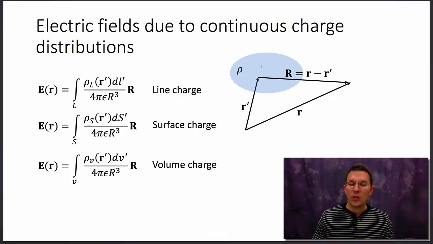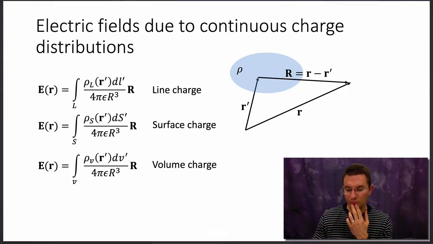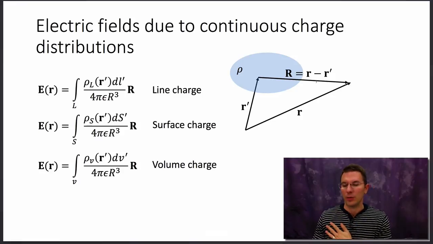Okay, so if you'll notice what this equation is saying, is that a little differential piece of charge, that's given by this expression right here, the charge density times ds prime, a little differential chunk of charge located here at r prime, produces a differential electric field that points in this direction along capital R here, which is r minus r prime.